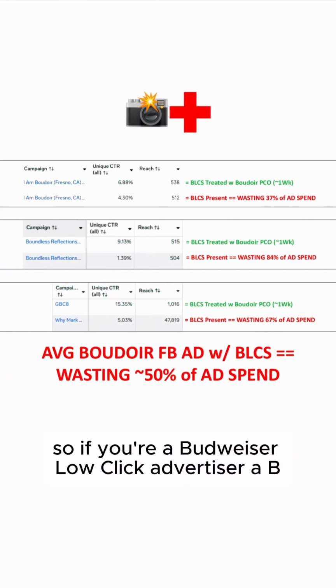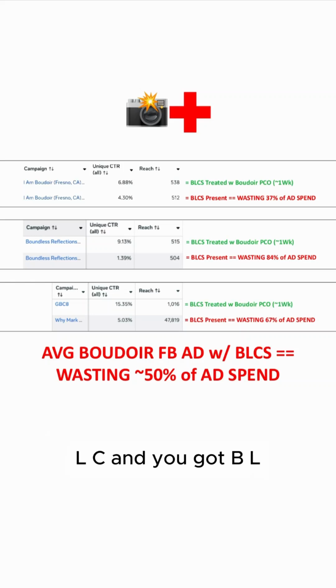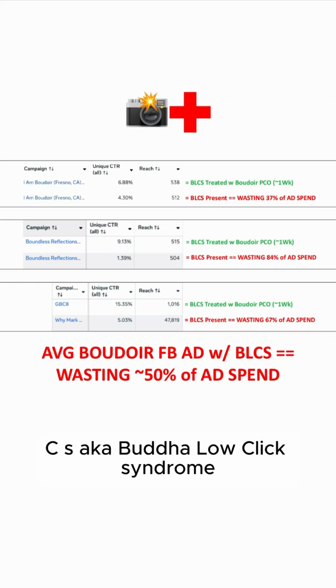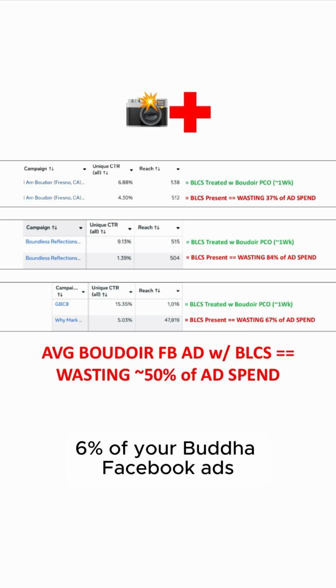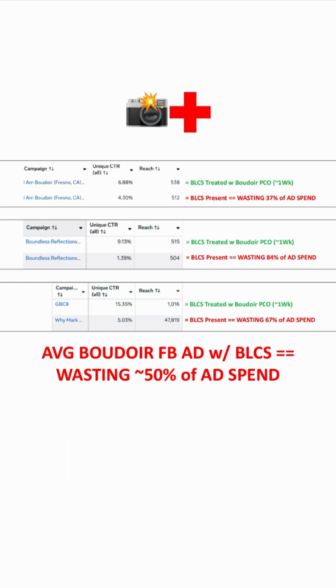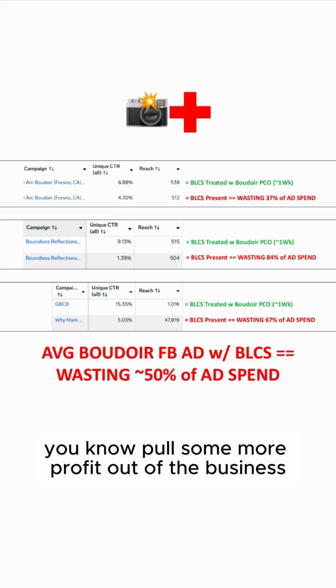All right, so if you're a Boudoir low click advertiser, a BLCA, and you've got BLCS, aka Boudoir low click syndrome, so your unique CTRL is under 6% on your Boudoir Facebook ads, and you're spending more than 10 grand a month on Boudoir Facebook ads, and you want to pull some more profit out of the business.